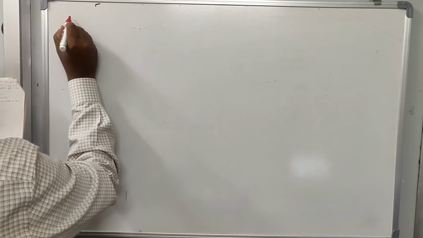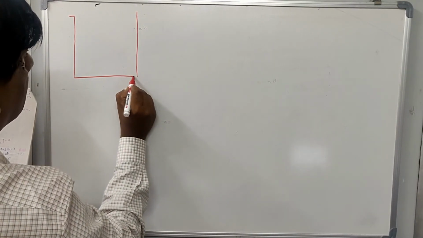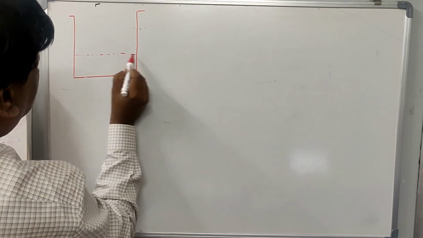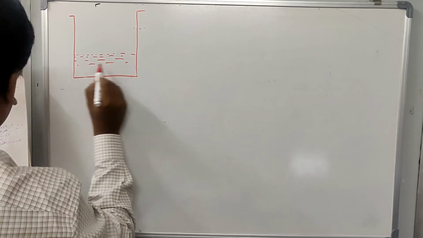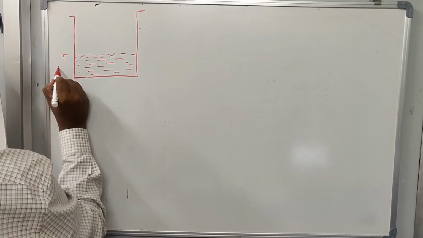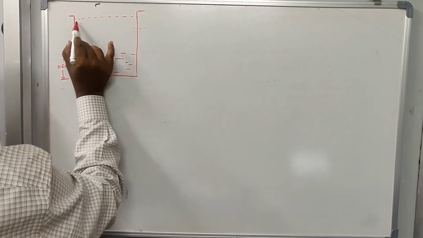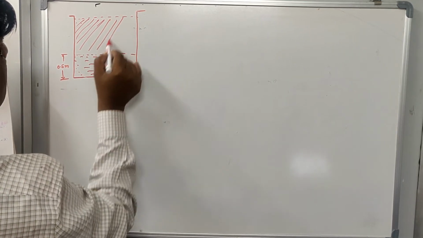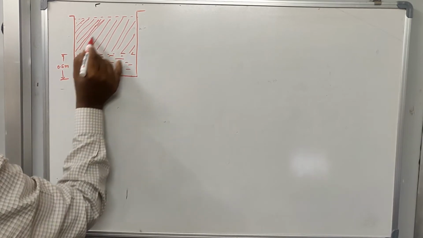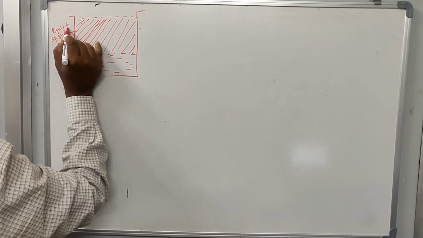Okay, so this is what? You have a tank. As per the given case, this tank is filled with water to a height of 0.5 meter, and above this the tank is filled with a liquid of specific gravity 0.8.